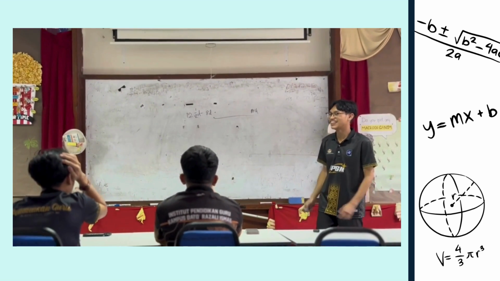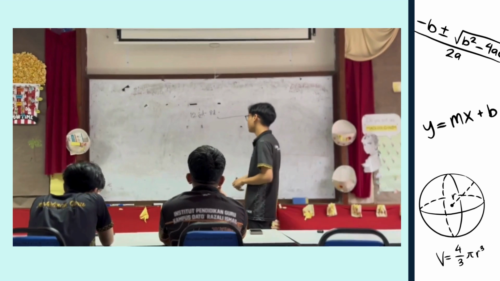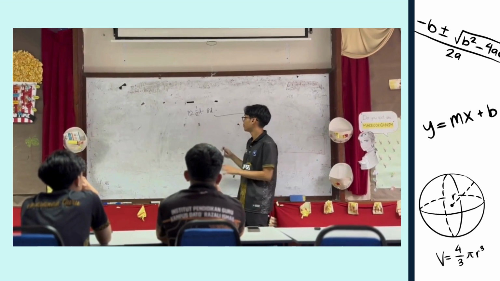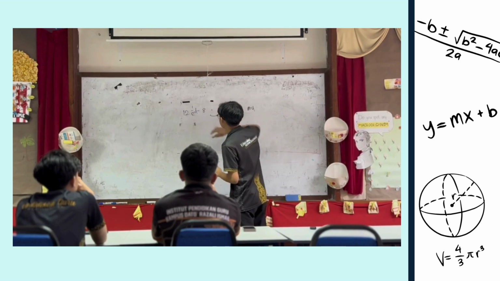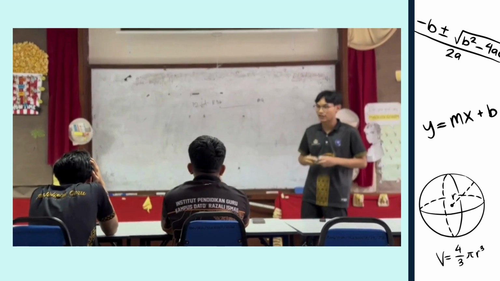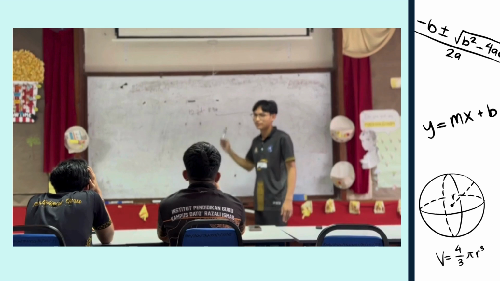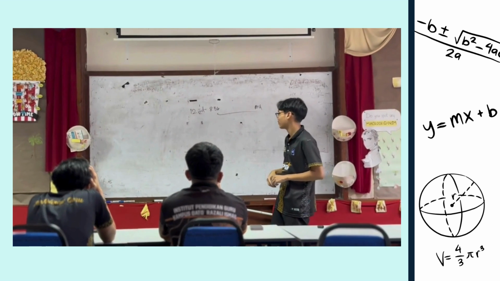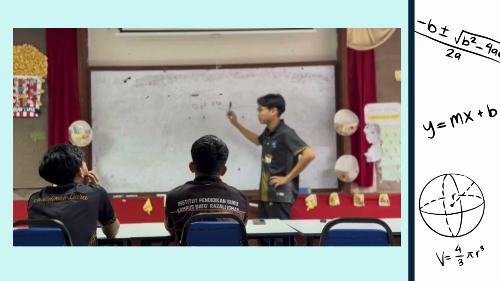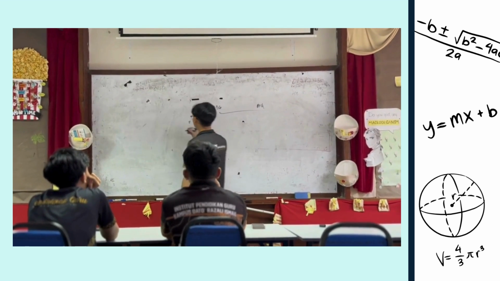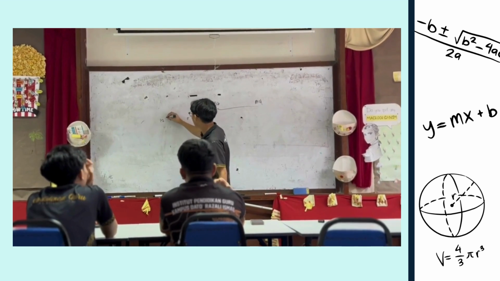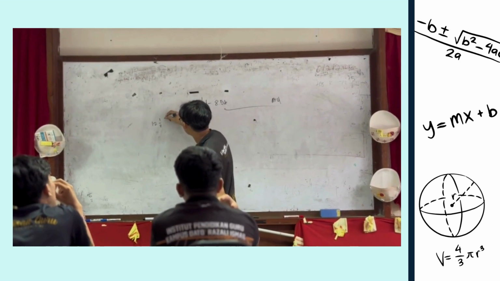It is hard. So what do we need to do first? We have a fraction and decimal, so first we need to convert the fraction into a decimal. How do we convert? By dividing.